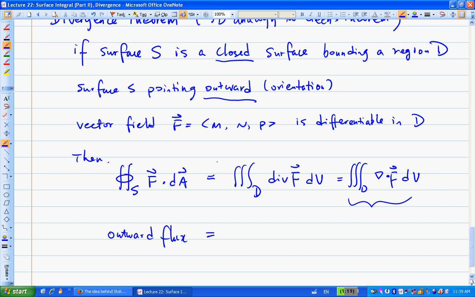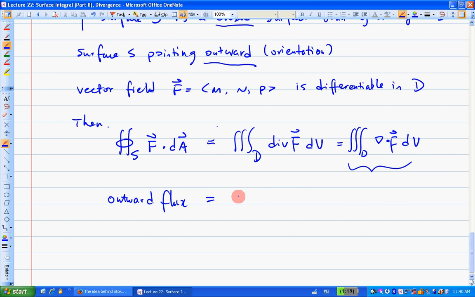Second, looking at the other side, what do we integrate? We're integrating a divergence, so maybe I can just call it a divergence integral.